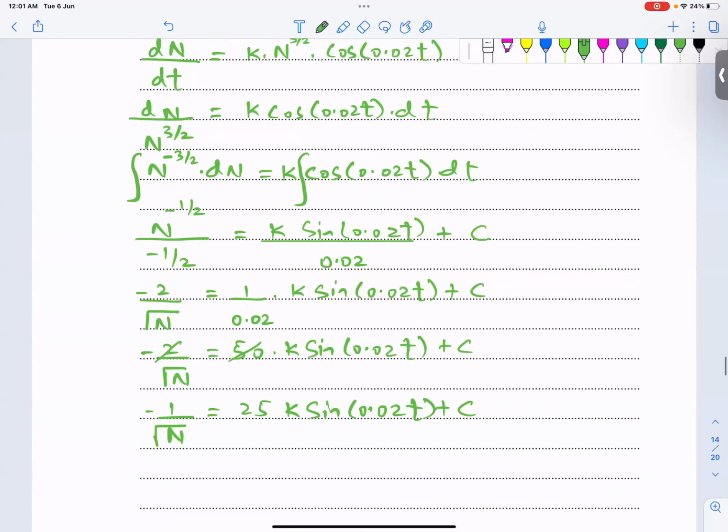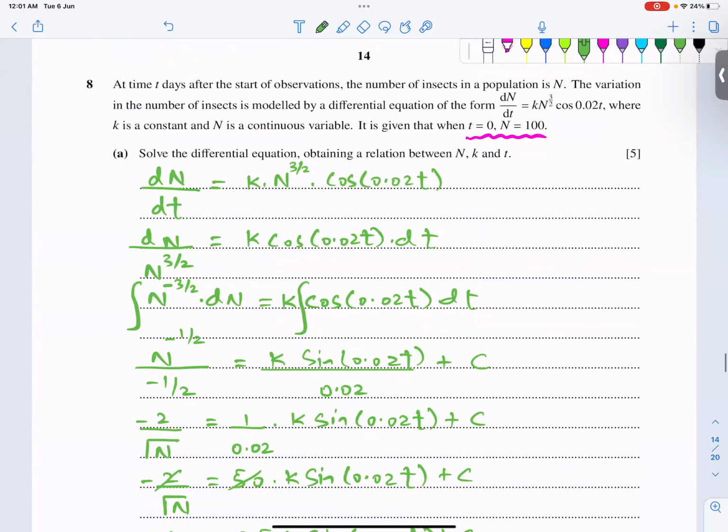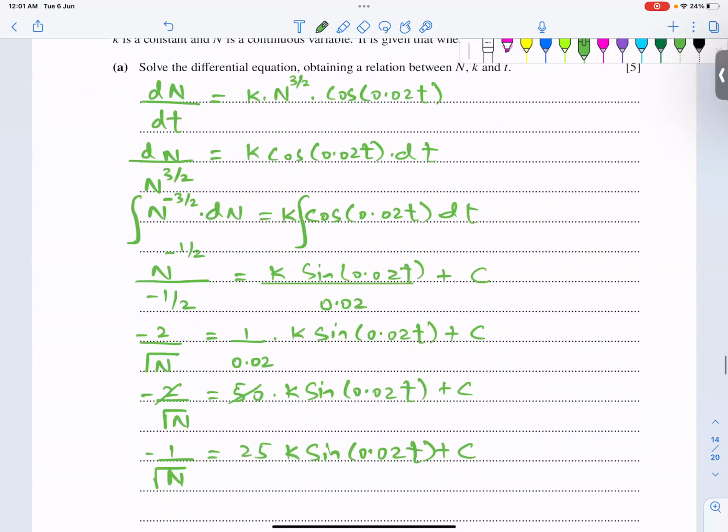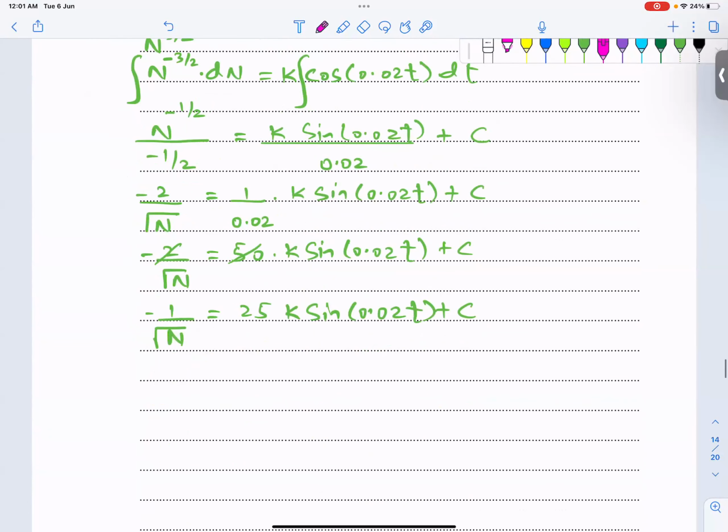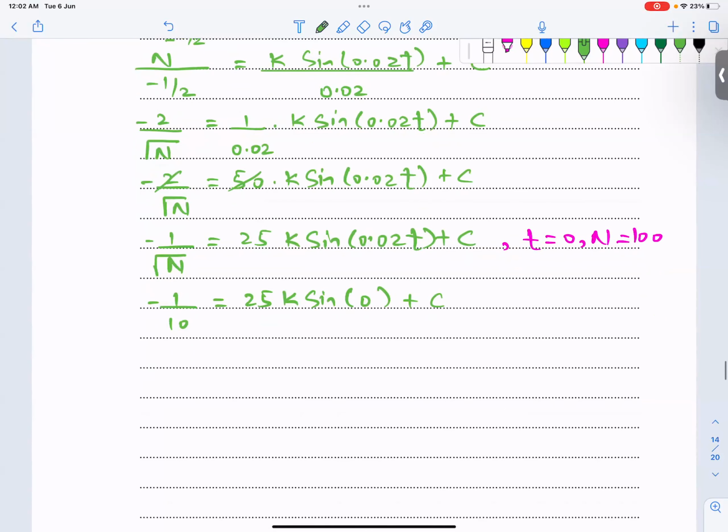The condition was t is equal to 0 when n is equal to, sorry, n is equal to 100. Now put t as 0 and n as 100. Apply that condition. So minus 1 over square root 100, which is minus 1 over 10, is equal to 25k sine of t. If t is 0, the angle inside sine will become 0, and sine 0 is 0.